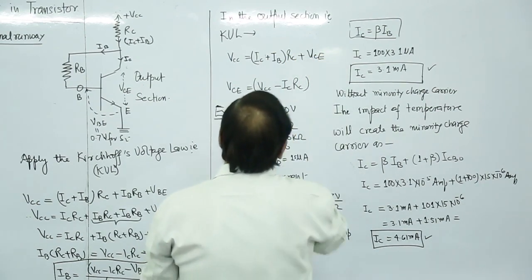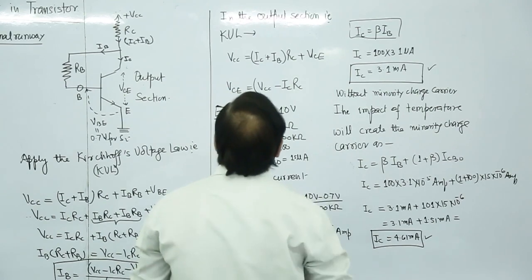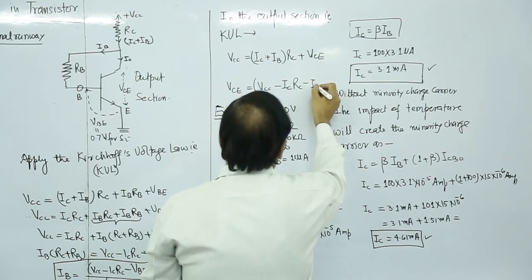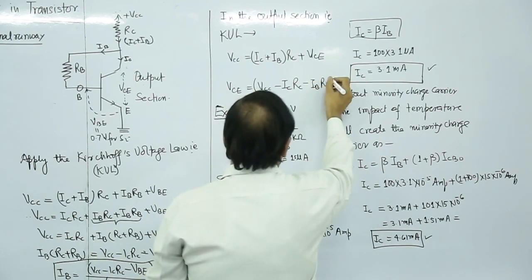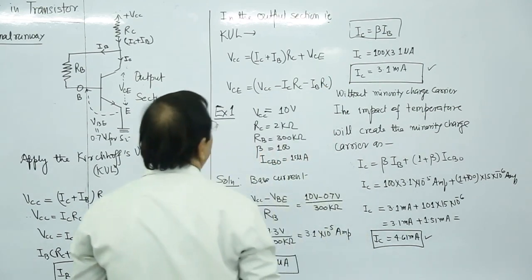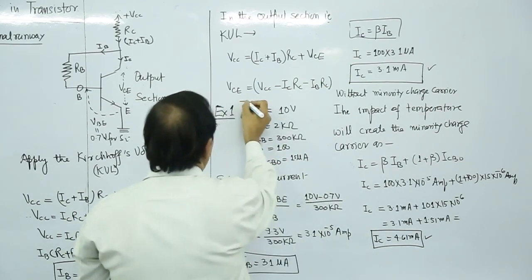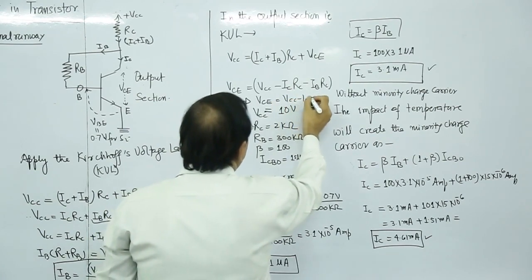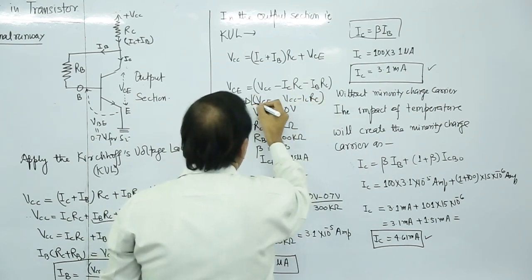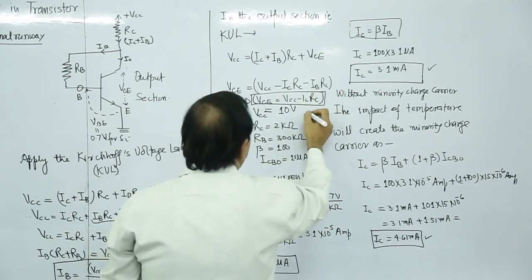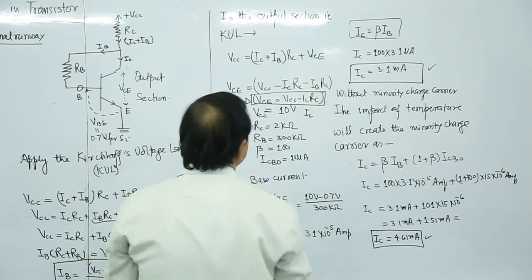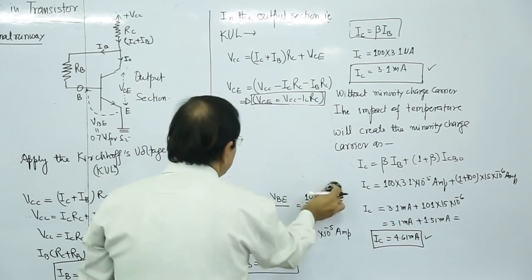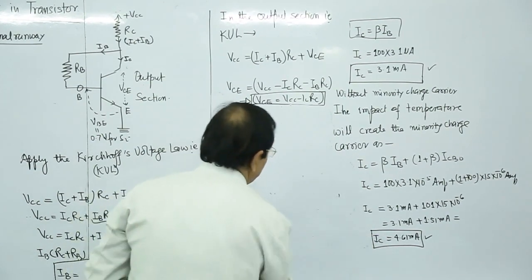So VCE is equal to VCC minus ICRC, because this IC is very, very large in comparison to the IB.